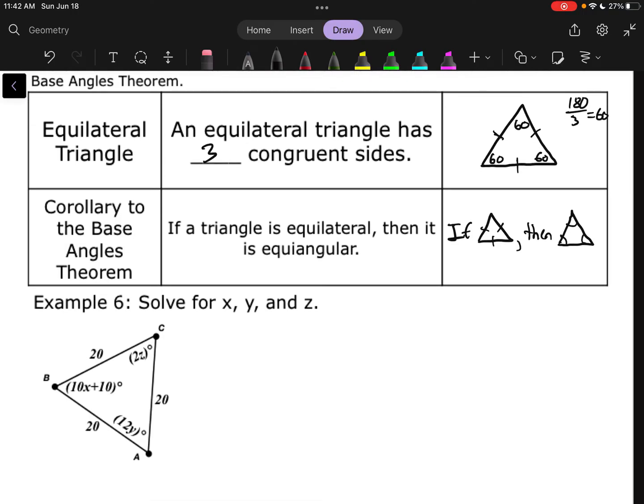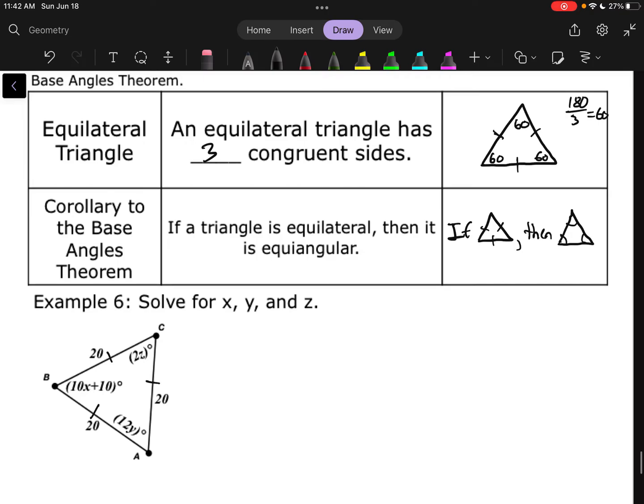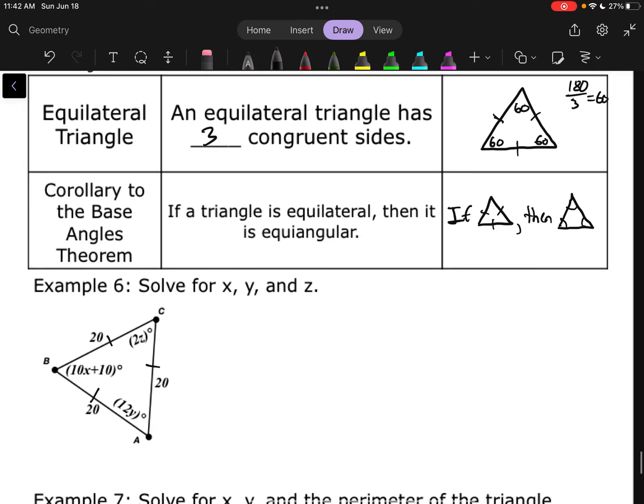So this one says solve for x, y, and z. Well, I see that all 3 of these sides are the same, meaning this is equilateral. And the corollary to the base angles theorem says that if this thing is equilateral, it's also equiangular, meaning that all 3 of those angles must be the same. And if they're all the same, they're all 60. So that means 10x plus 10 has to be equal to 60. Subtract that 10, we get 50.